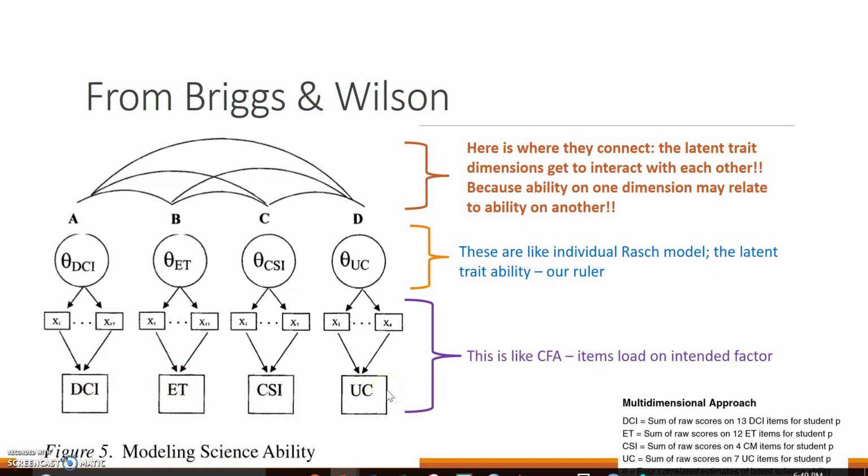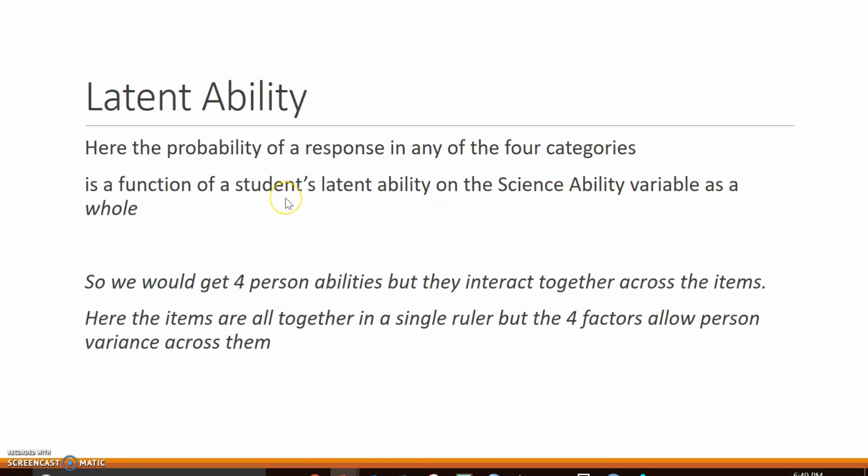And what this model does is it shows the student's latent ability as a whole, and we would get 4 person abilities because they interact with each other across all of the items. This gets a little bit confusing because we actually have all of the items together in a single ruler, but the 4 factors allow the person to vary across each factor. So person ability gets to vary based on the 4 factors.